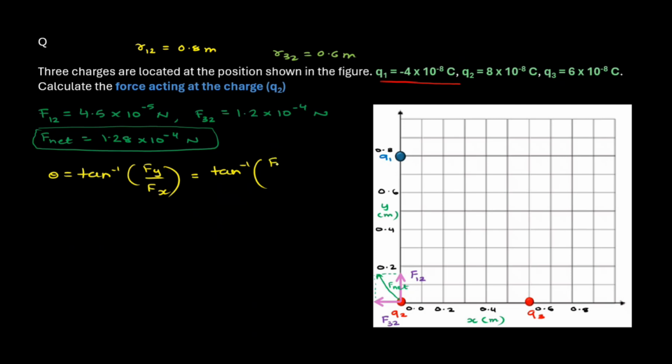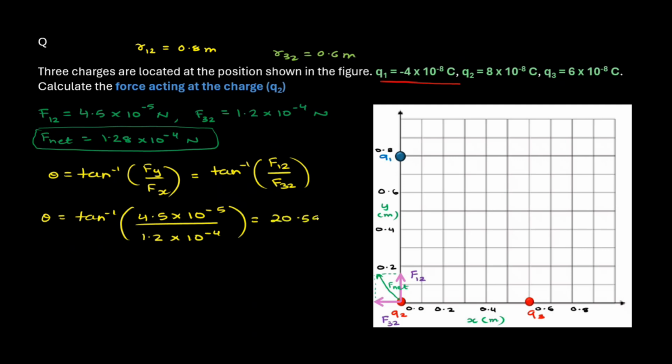So we write F12 over the x component, which is F32. Now substitute. Theta will be tan inverse of 4.5 times 10 to the power negative 5 over 1.2 times 10 to the power negative 4. That gives me the value of theta equal to 20.55 degrees.